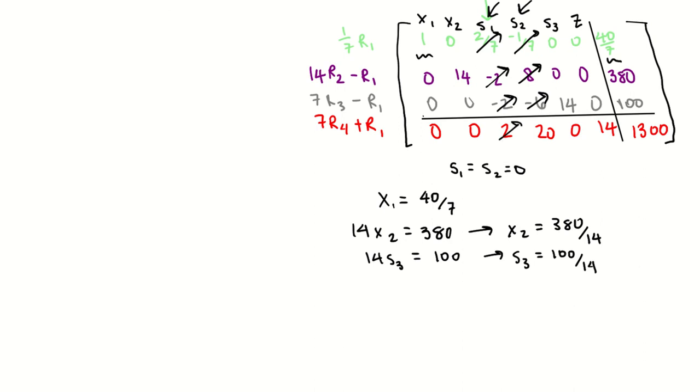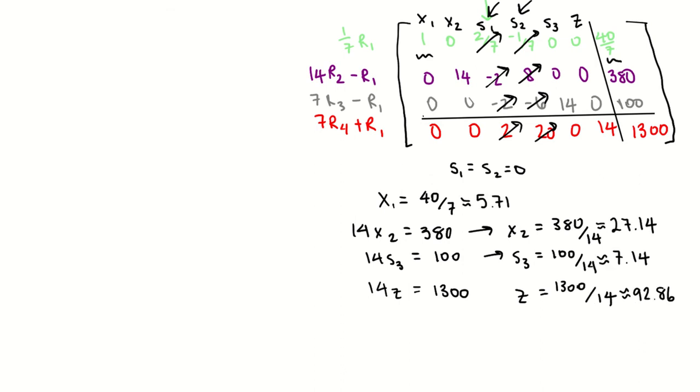And from the last row, those are both 0, we know that 14z is equal to 1300, so z is equal to 1300 over 14. Approximate values for each of those are given here. Z is approximately 92.86, so that is the maximum value of z in this situation.